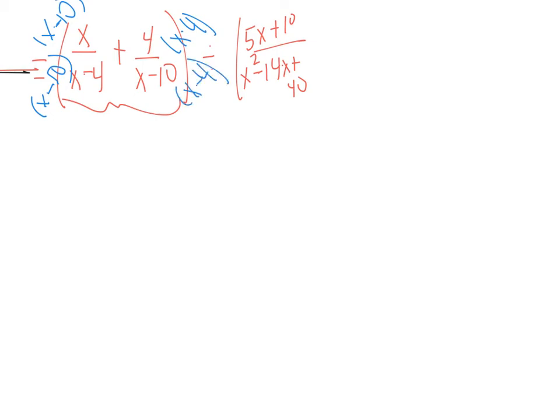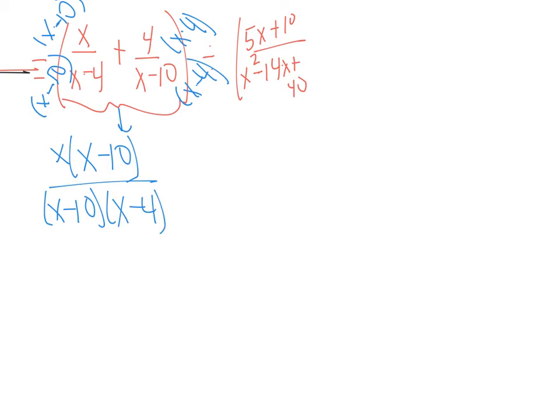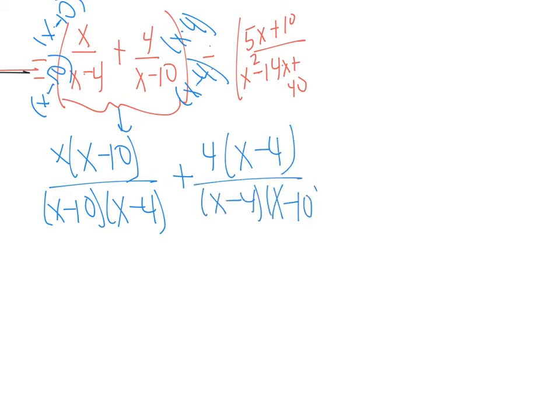Okay, now just to write it a little neater, I'll write it underneath, and I have x times x minus 10 over x minus 10 times x minus 4. And then the second fraction is 4 times x minus 4 over x minus 4 times x minus 10.